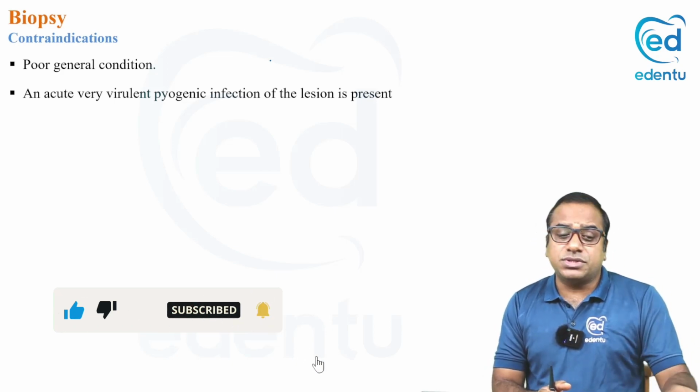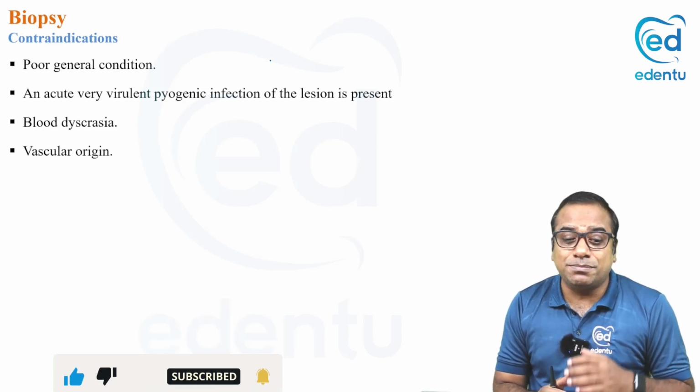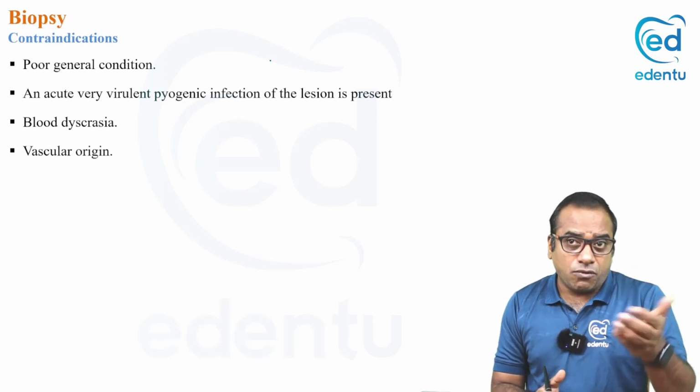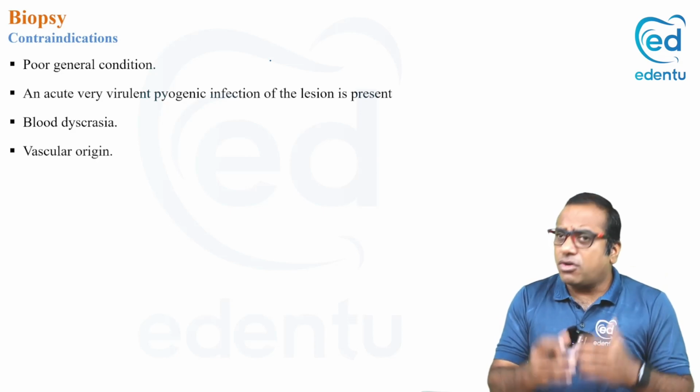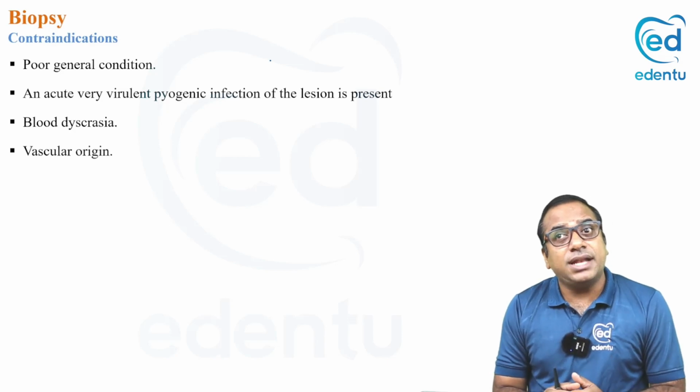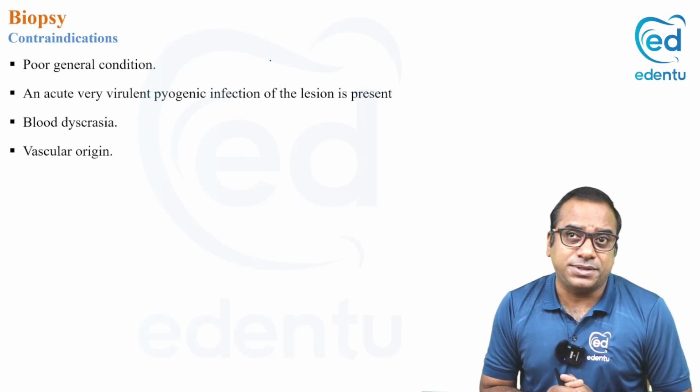And any patient who is having any blood related problem, that is blood dyscrasias like hemophilia or von Willebrand factor disease, or any of the factors are deficient and a healing problem is there, then you should not go for biopsies.